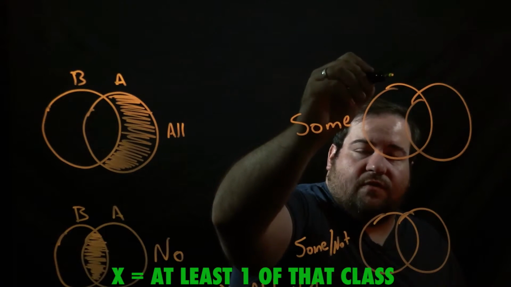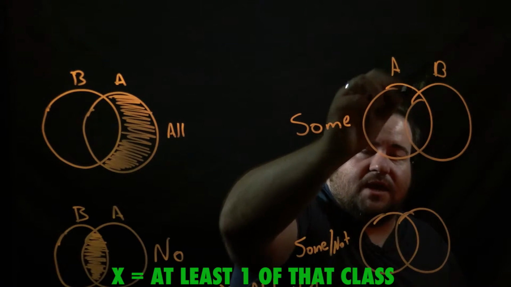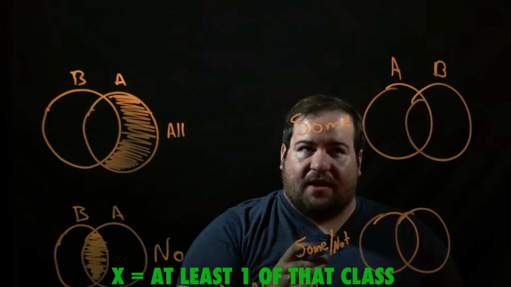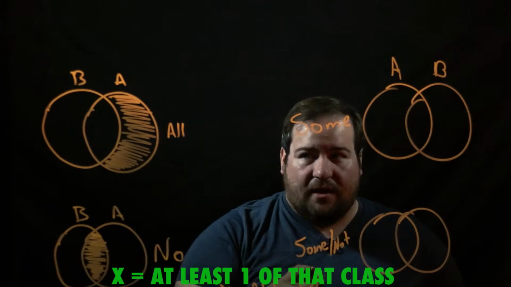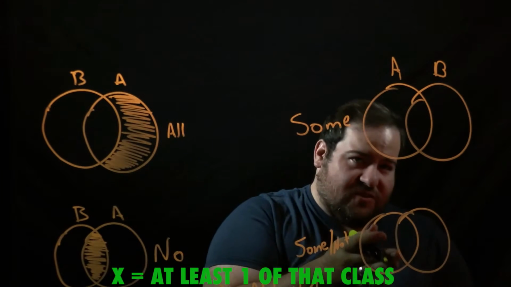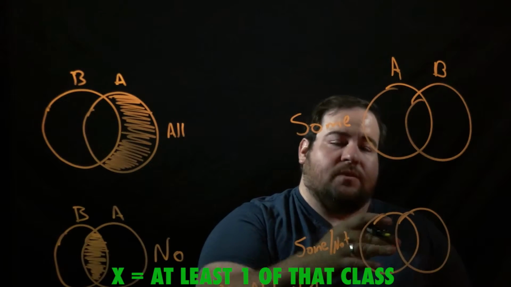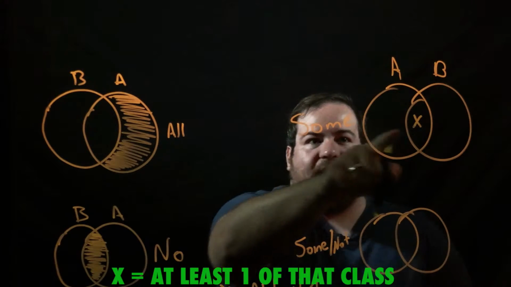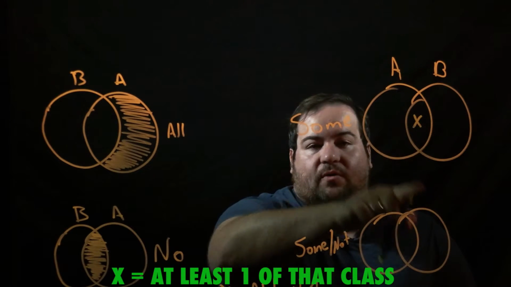So if I say some A is B, that means that there is some part of A, there is at least 1 of A that is also in B. So I would put an X right here in the middle. There is at least 1 that is both.